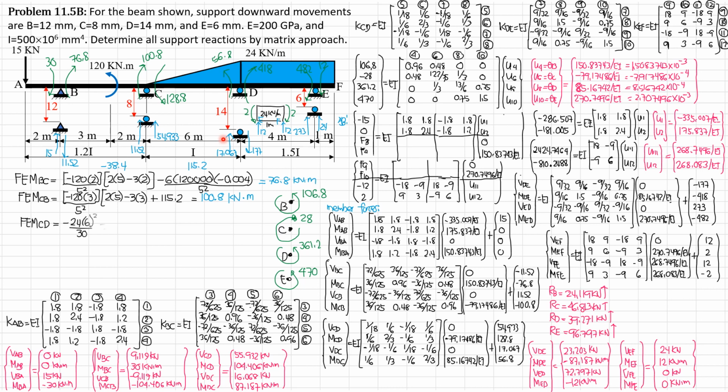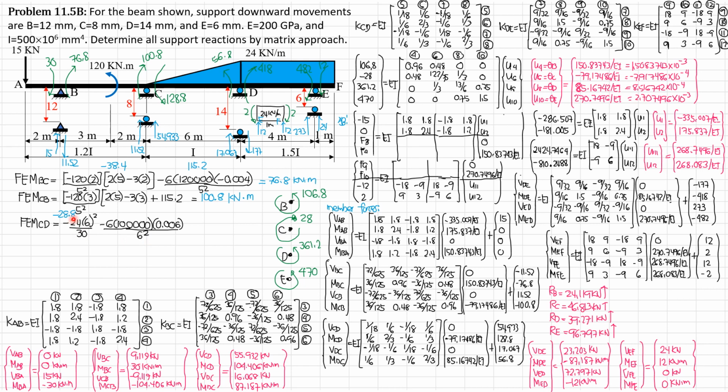So fixed moment CD is negative 24 w, negative moment at the left, L square, so 6 square, all over 30, negative 24 times 6 square over 30, then due to support movements or sideway, negative 6EI, 150,000 this time because this is 1.5 I. Delta is, as I said, the rotation of chord CD is clockwise, so 6 mm positive 0.006 over 6 square.